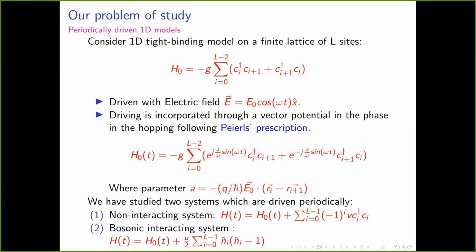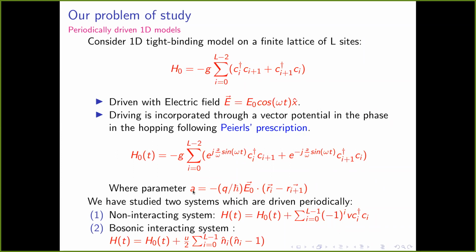Or if you choose the magnetic vector potential and its derivative, then this electric field can be incorporated as a phase in the hopping. So from this Hamiltonian H naught, if I drive the system, I get to this Hamiltonian, which is driven with electric field E equals E naught cos omega t.